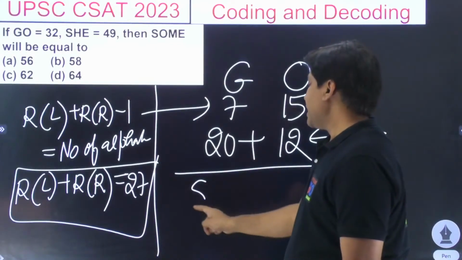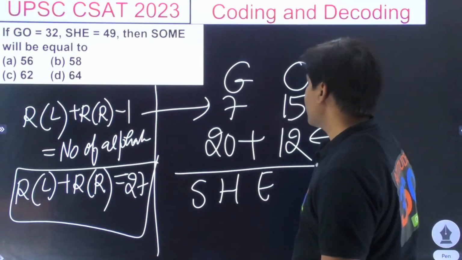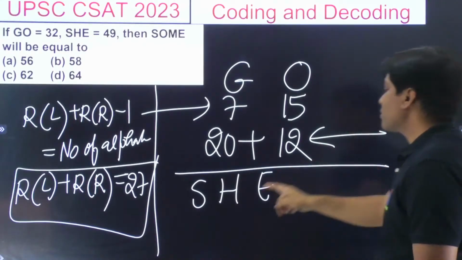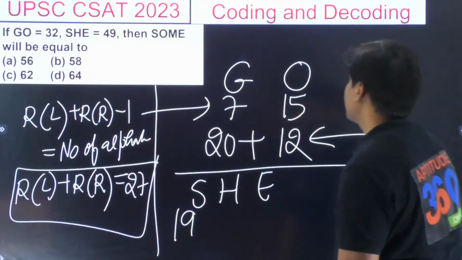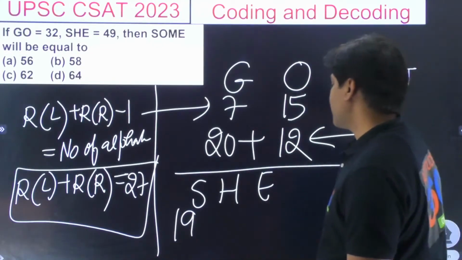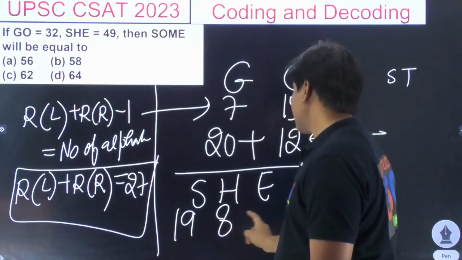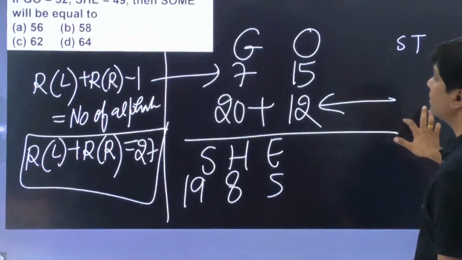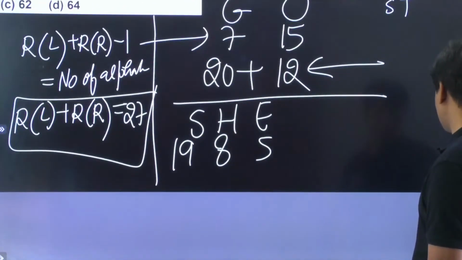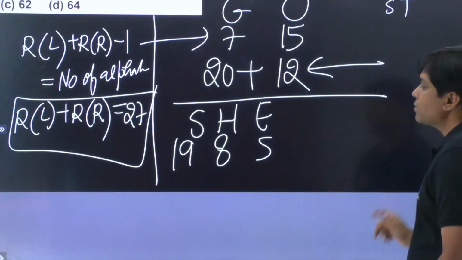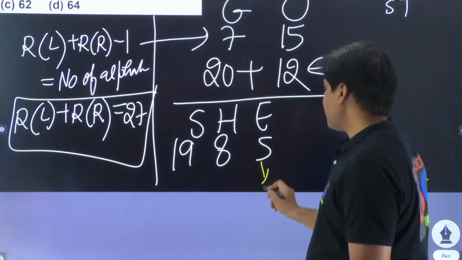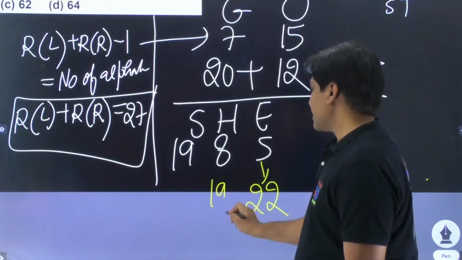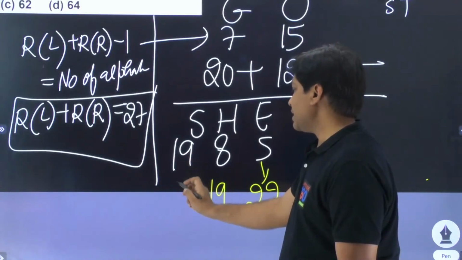Similarly, for SHE, T, so S is 19th, and then 5. Now if I have to write their rank from the back, what should I be writing? I should write this as what? 27 minus this 22. 27 minus 8, it is 19, and 27 minus 19 is 8.